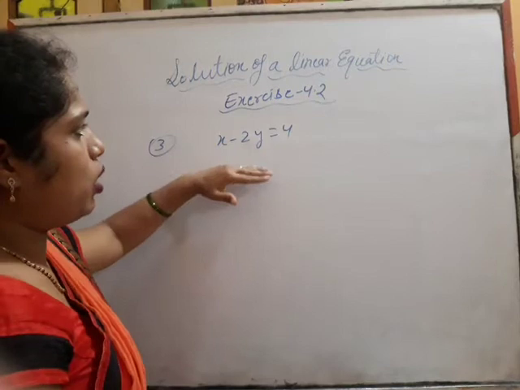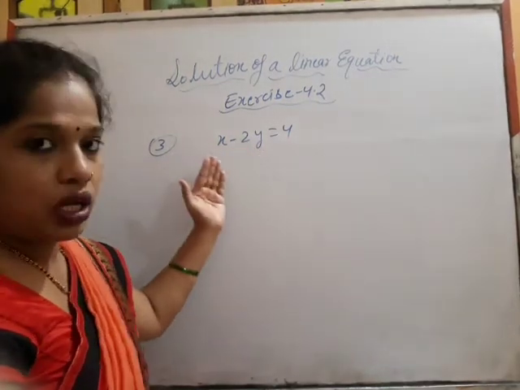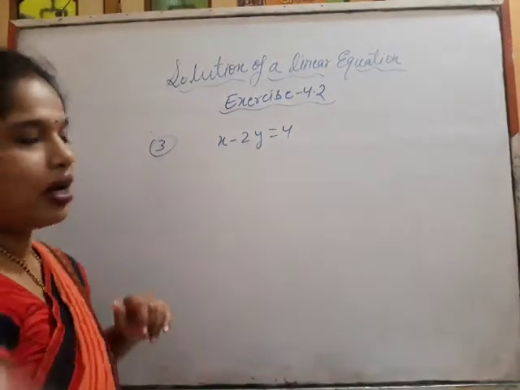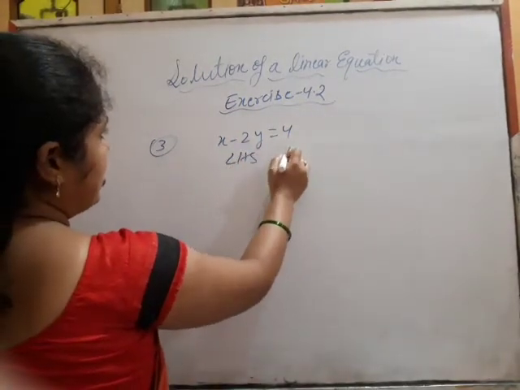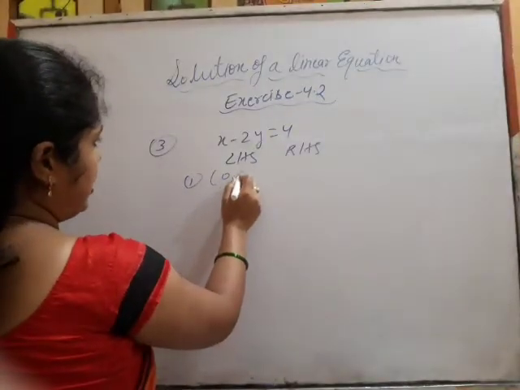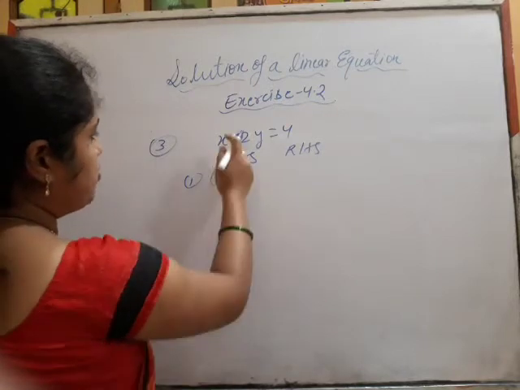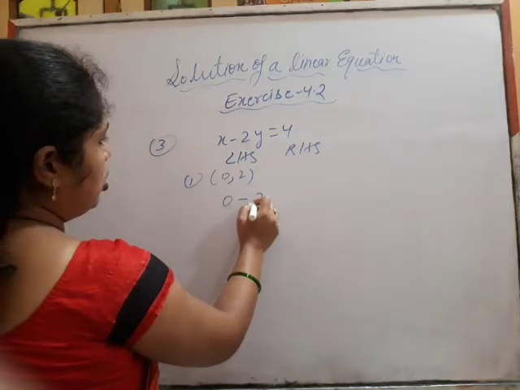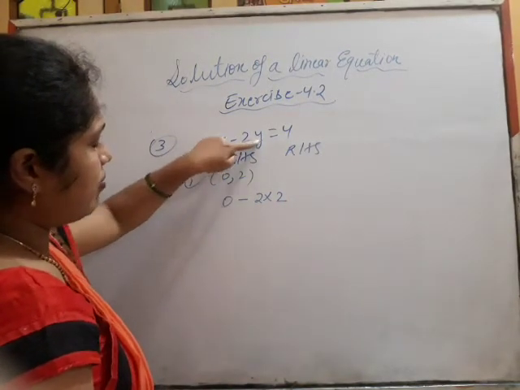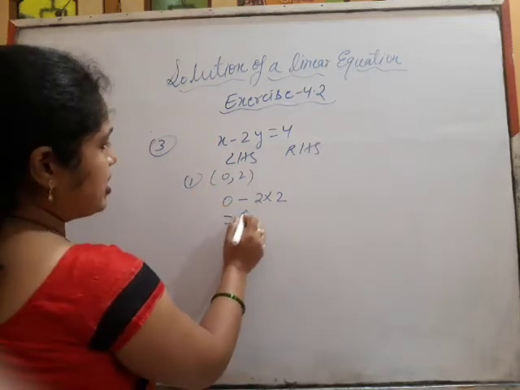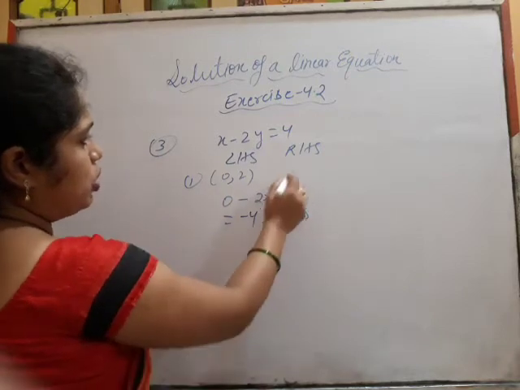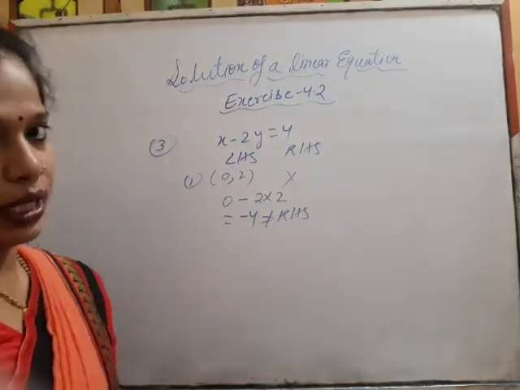We have to find which values of x and y give a solution of this equation. That means LHS should equal RHS. First solution, 0 and 2. Put x = 0 and y = 2. It comes to minus 4, which is not equal to RHS. So this is not a solution of this equation.